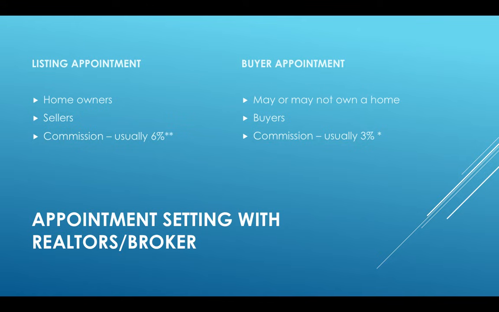It still depends on factors like the state, the agent, and the negotiation between the agent and the buyer. So that's the difference. These are the two appointments you will be making for a realtor or a broker: either a listing appointment or a buyer appointment.